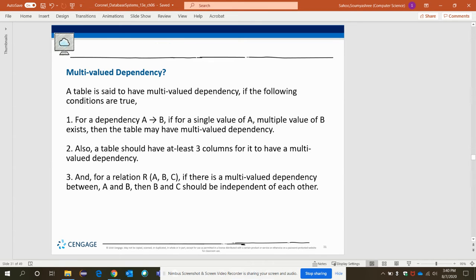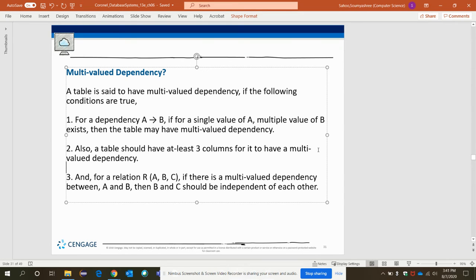A table is said to have a multi-value dependency if for a single value of A, multiple values of B exist. A should be unique, but we can have multiple values. In that case, we say there is a multi-value dependency.